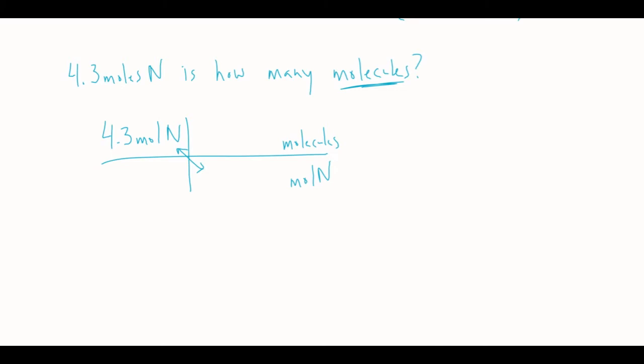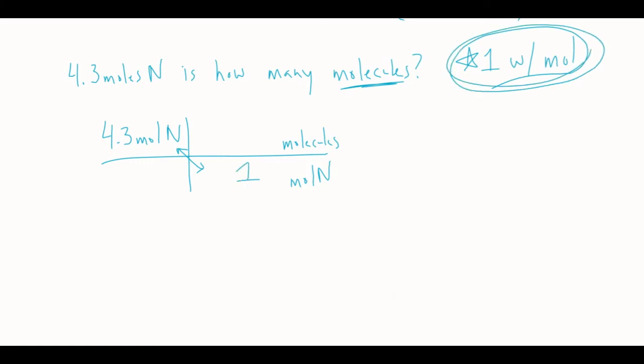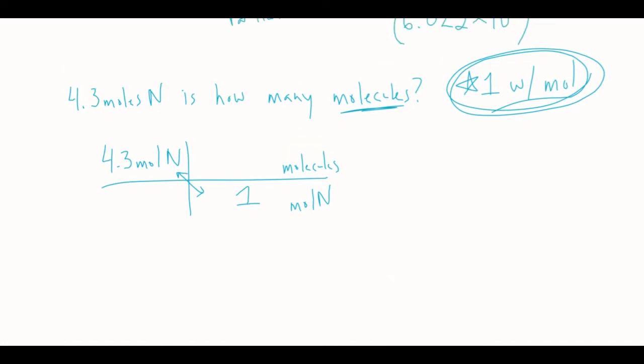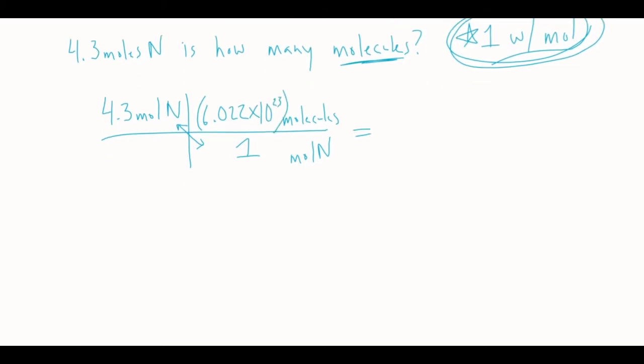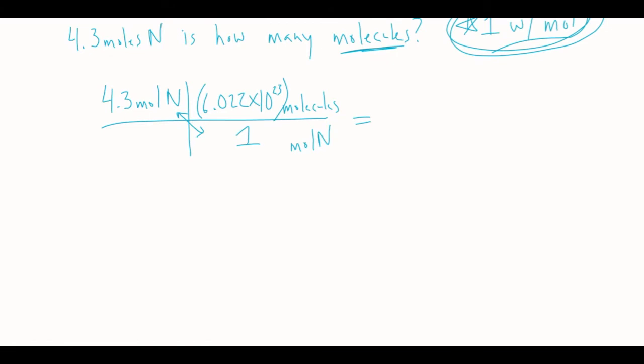Now, if we remember from before, 1 always goes with the mole, and that is still relevant in all of our questions. So 1 is going to go on the bottom because that's where the mole is. And then in parentheses, we're going to put 6.022 times 10 to the 23rd on top because that goes with our molecules. Okay, so we're going to take 4.3 times 6.022 times 10 to the 23rd.